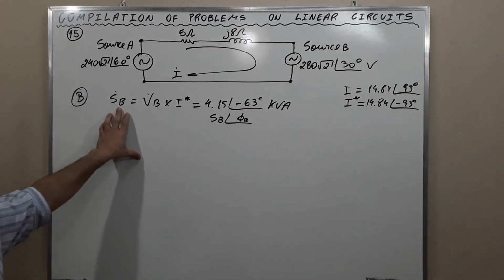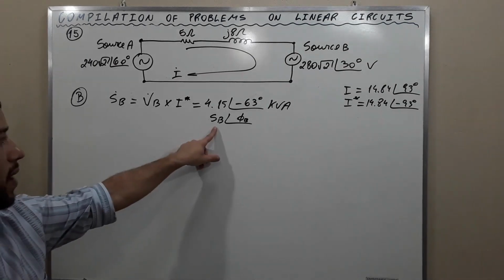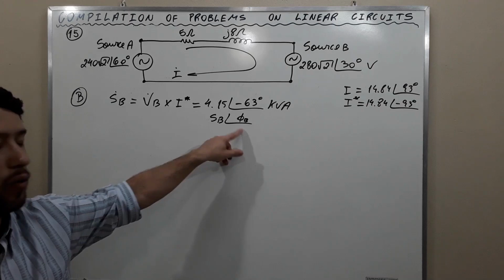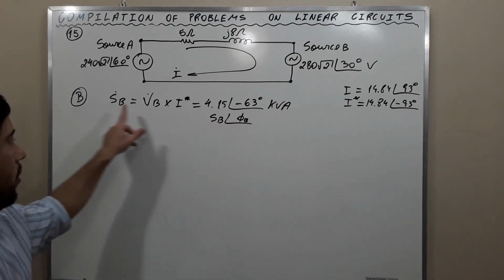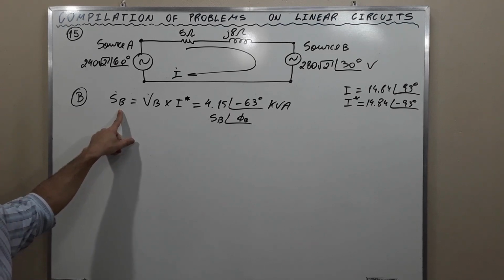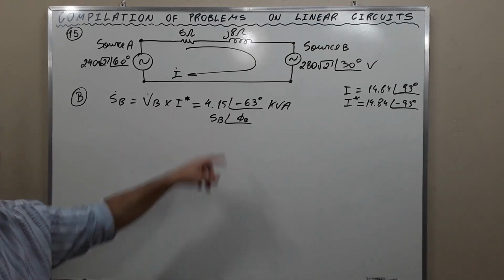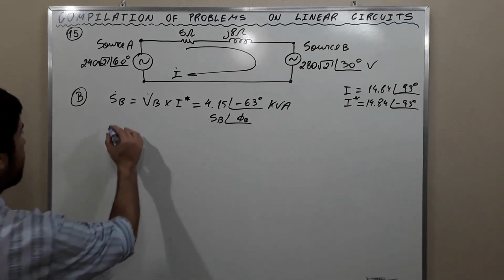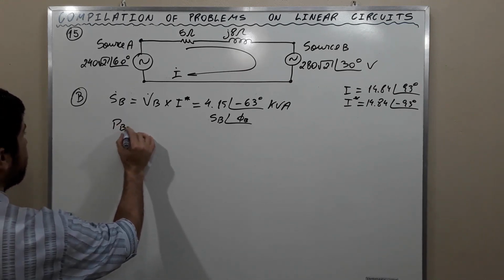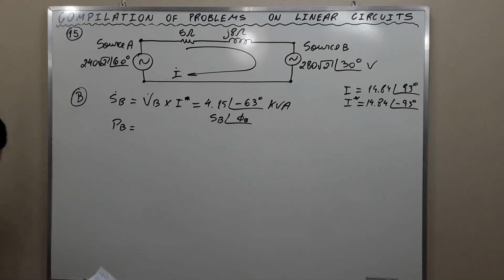Okay? The complex number here has a magnitude and an angle. For the complex power, the magnitude is the apparent power. We're going to use the apparent power to calculate the real power, or active power if you prefer.